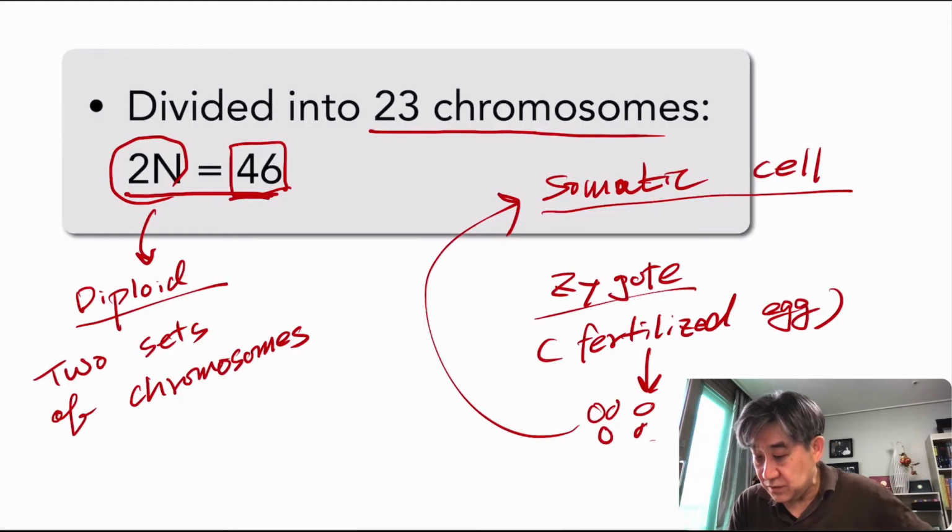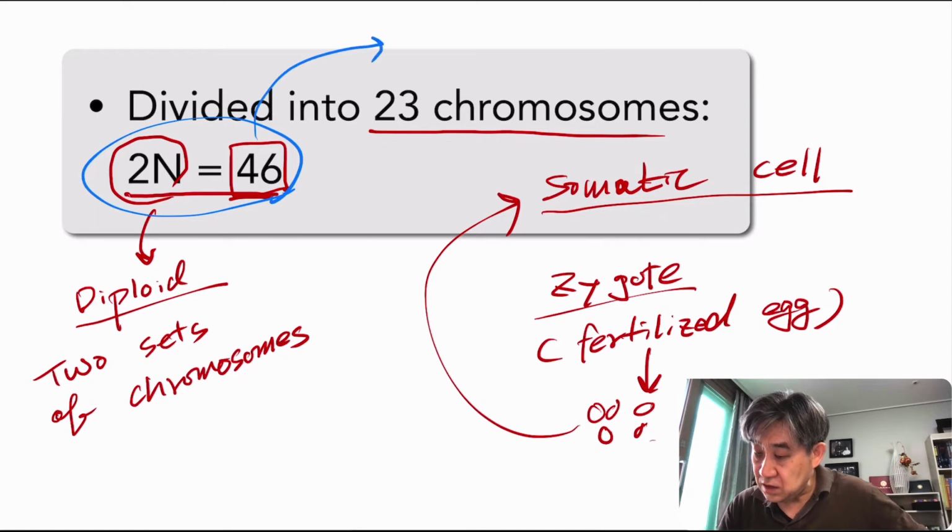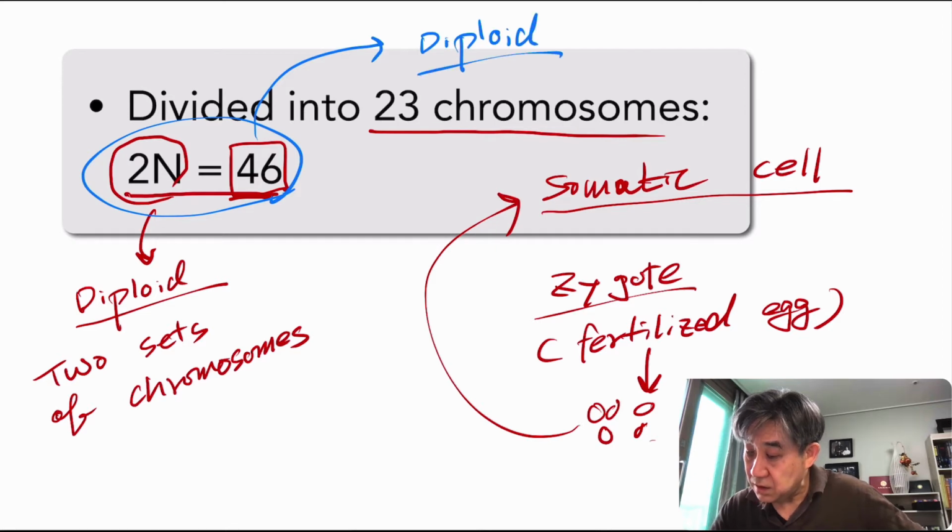So getting back to this description of 2n equals 46, when the genome status is mentioned this way, then you know this is referring to a diploid cell. On the other hand, if this was meant to mention a haploid status of a cell, then usually you should describe this as n equals 23.